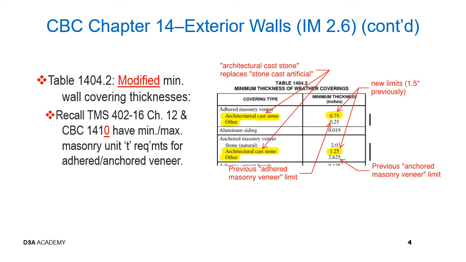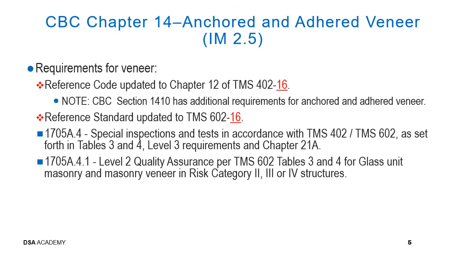Recall that in TMS 402-16 Chapter 12 and CBC 1410 have minimum and maximum masonry unit thickness requirements for adhered and anchored veneer. Requirements for veneer. Reference code is updated to Chapter 12 of TMS, the Masonry Society, 402-16.